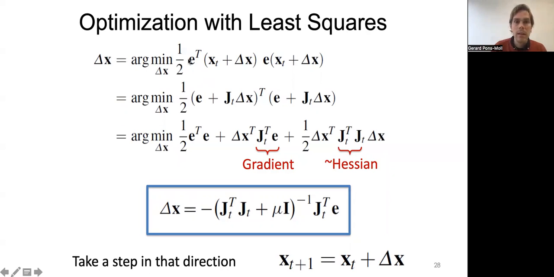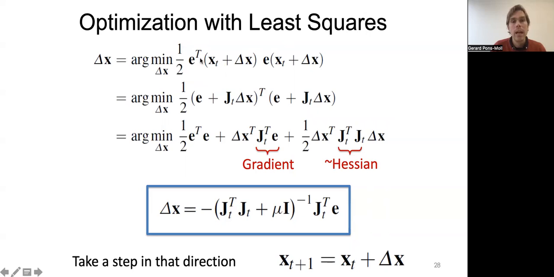We can see what happens if I add a small perturbation on the model parameters, and given this small perturbation, we can see what the perturbation should be in order to make this total error smaller. Okay, so that's the trick. You don't linearize directly the scalar error, you linearize the vector error.